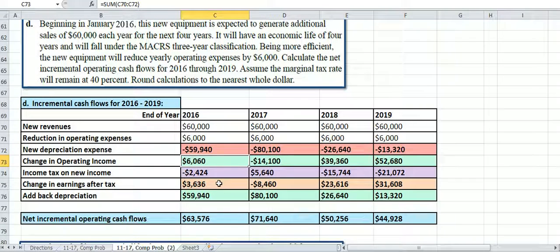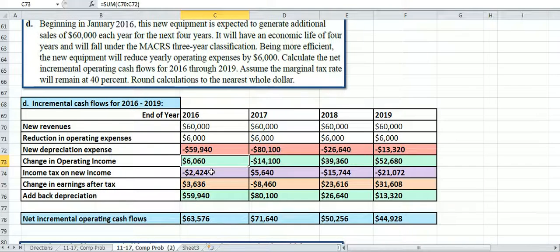In years 1, 3, and 4 it's actually lower than our change in operating income because we're paying out the taxes on a positive change in operating income.